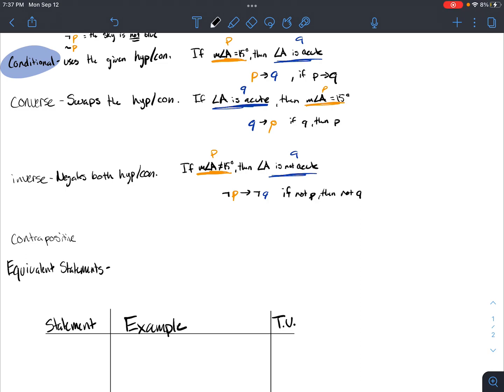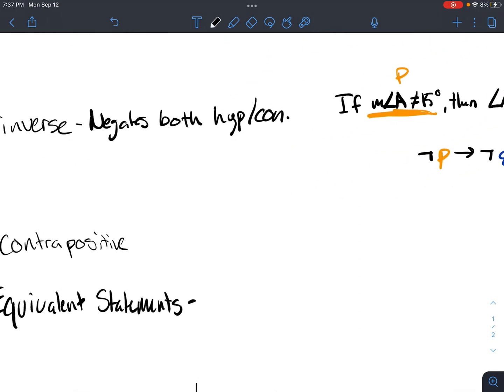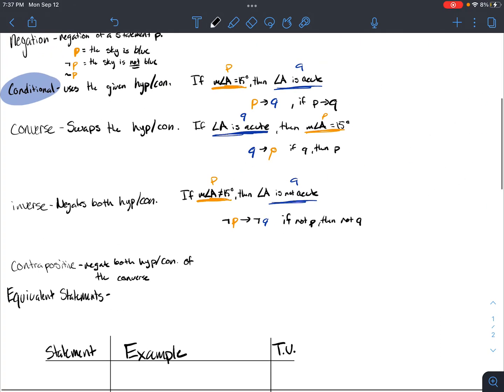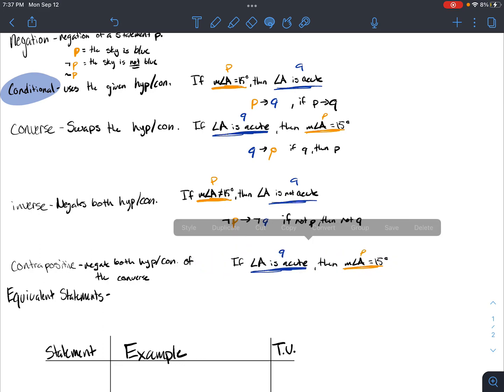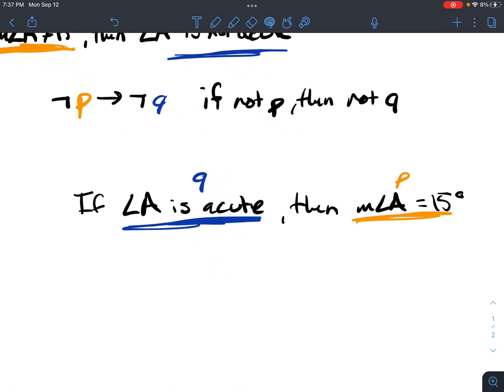And lastly, our contrapositive. So now what we're doing is we're going to negate both hypothesis and the conclusion of the converse. So we're going to take our converse and the sentence that the converse makes, and we're going to negate it.